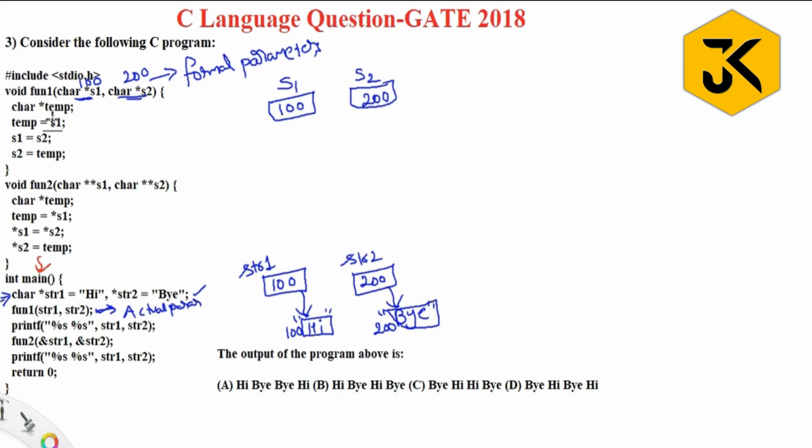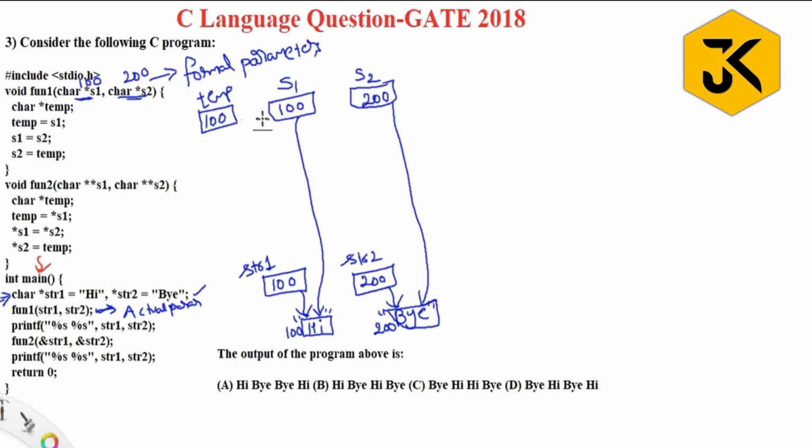Then it is going to create one more temporary pointer, temp. Then temp equal to s1 means the s1 value is copied to temp. You need to understand one thing: s1 contains the address 100, so it will be directly pointed to this location. s2 contains 200, so it will be pointed to that location.